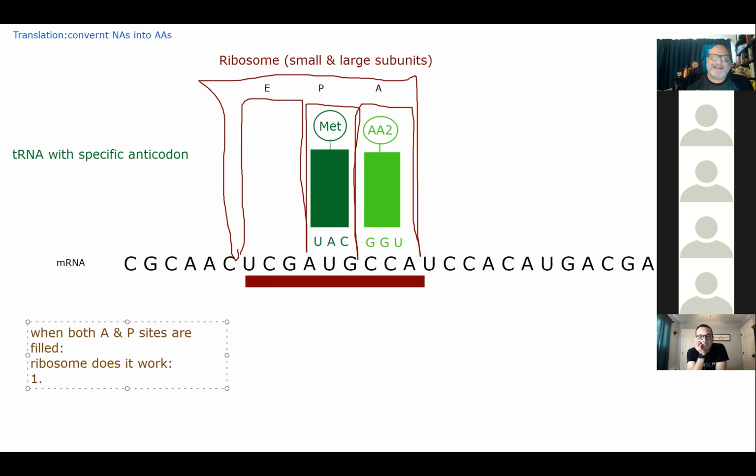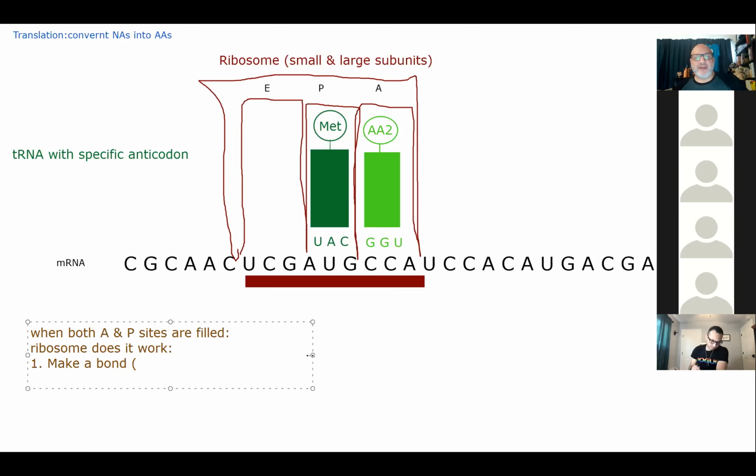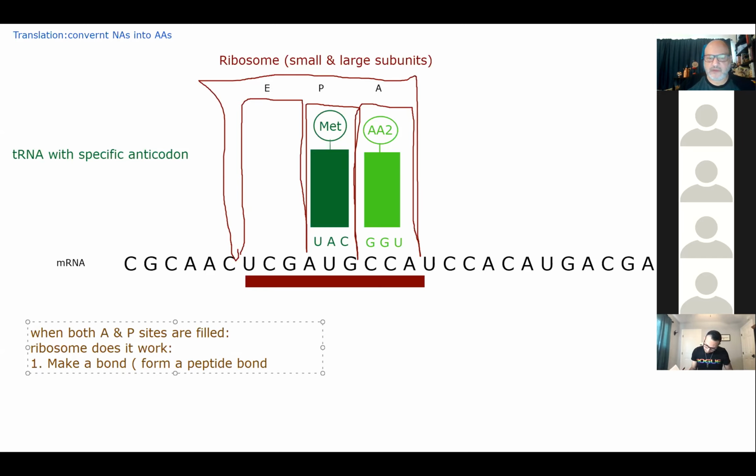All right. Let's talk about the ribosome's work. The ribosome does 2 things. The first thing it's going to do is make a bond. This, of course, is going to be a bond between our amino acids. So it's going to form a peptide bond. And anybody remember that process of how we form bonds?